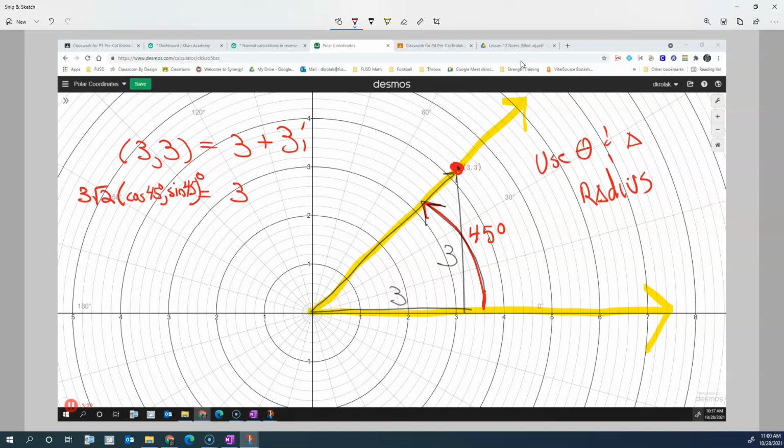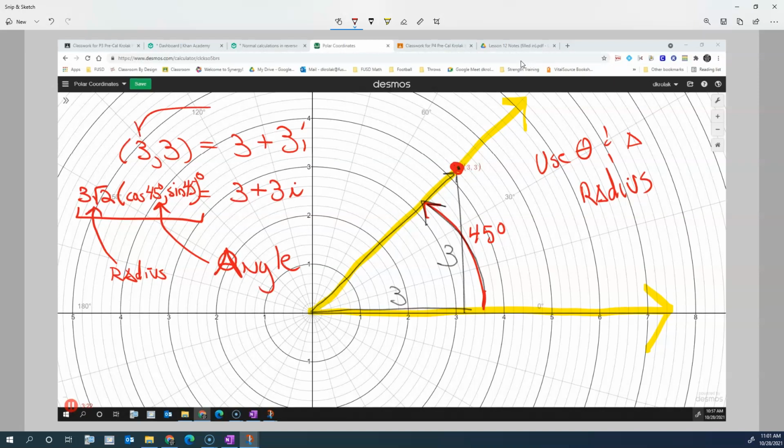That's the exact same point. So this is describing the point using a radius and an angle, and it's the same place.